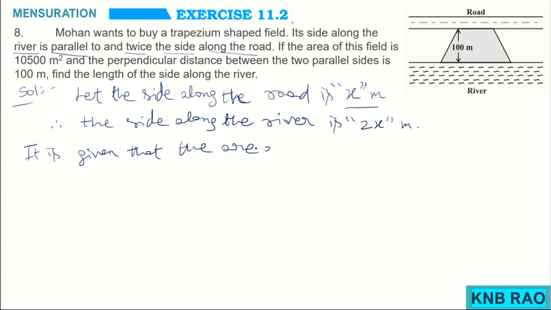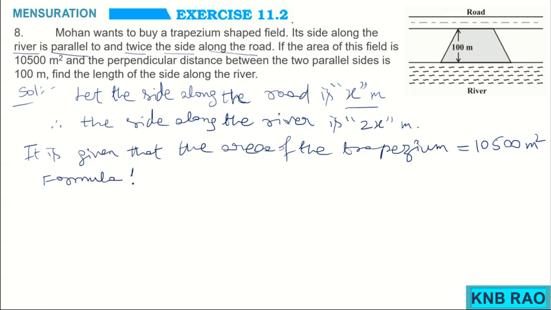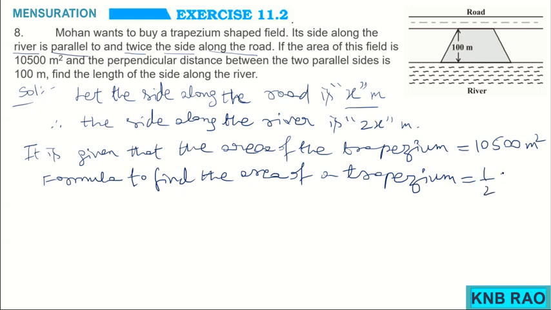the area of the trapezium is 10,500 square meters, but the formula to find the area of a trapezium is half of the sum of parallel sides into the distance between two parallel sides.